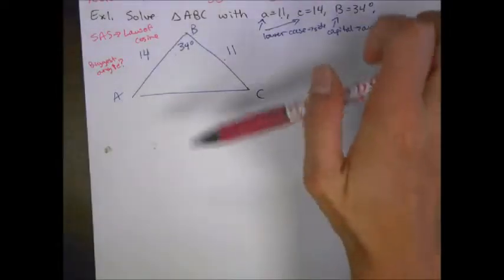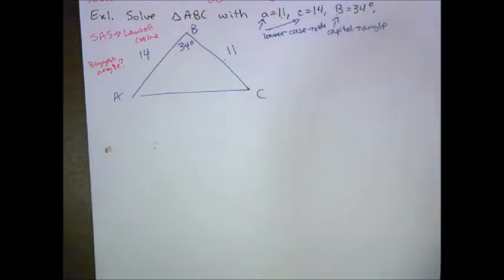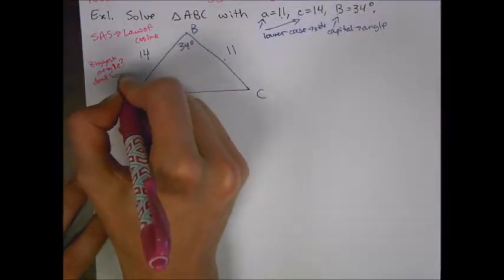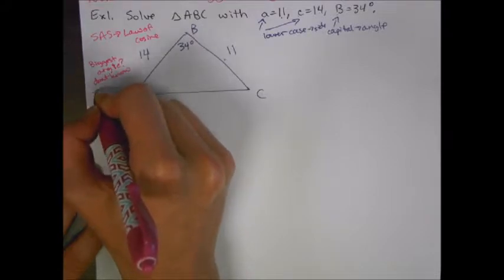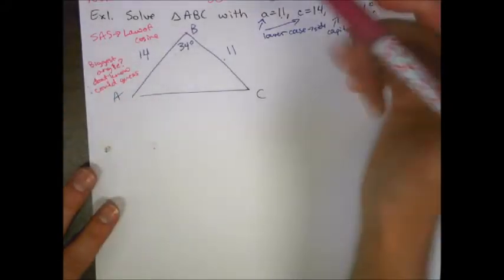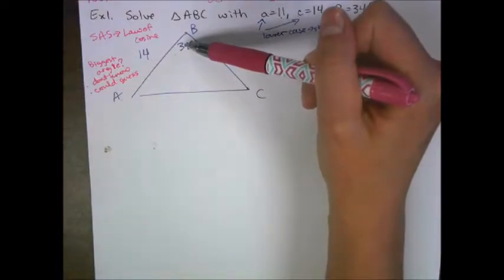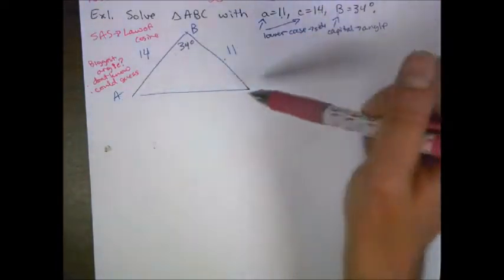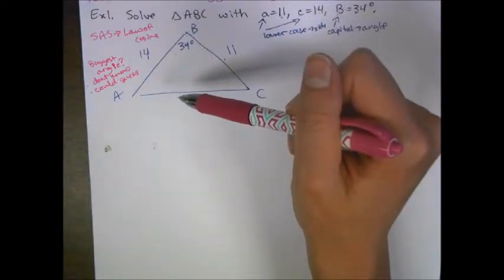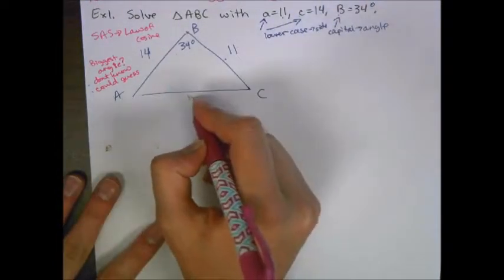So we don't know. We have to solve for the side first. We could guess, could hypothesize, this is only 34 degrees, so this is probably pretty small. But just to be safe, we're going to solve for side b first.